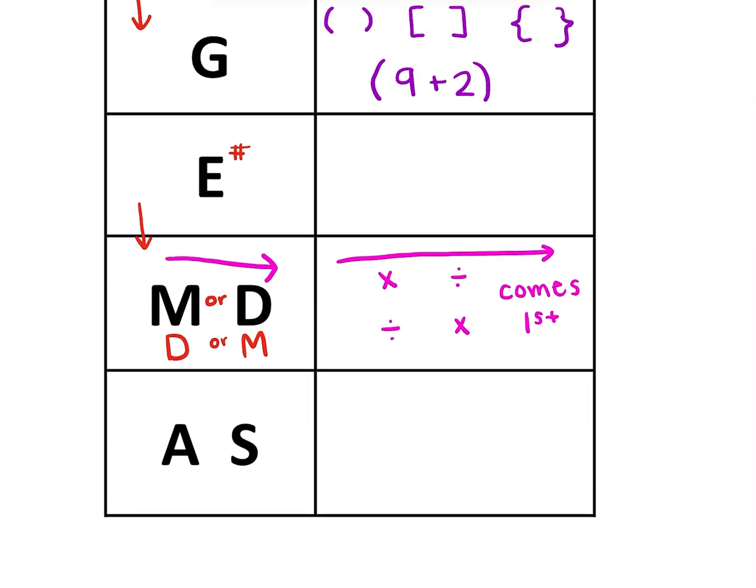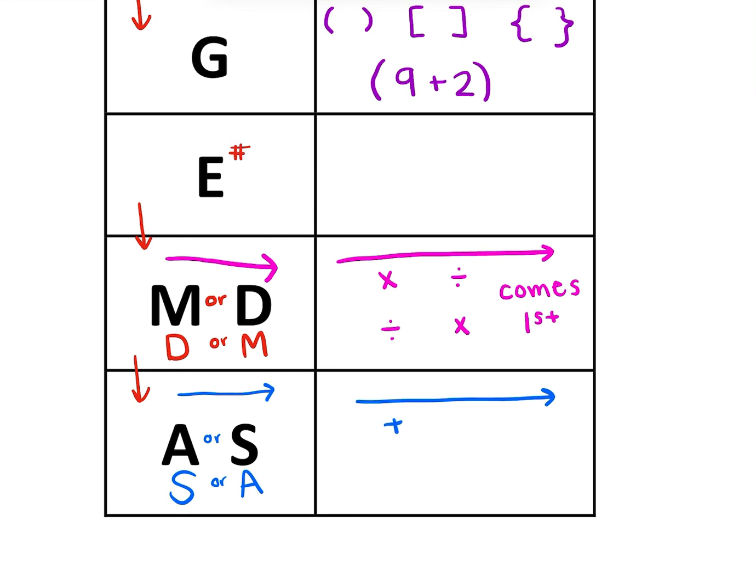And then after we multiply or divide, we can move on to adding and subtracting. And then we could even, kind of like in the one above, we could go into subtract or add. So again, we read it like a sentence.